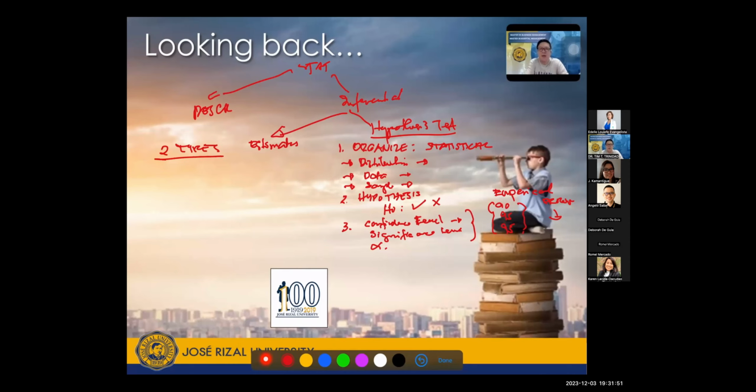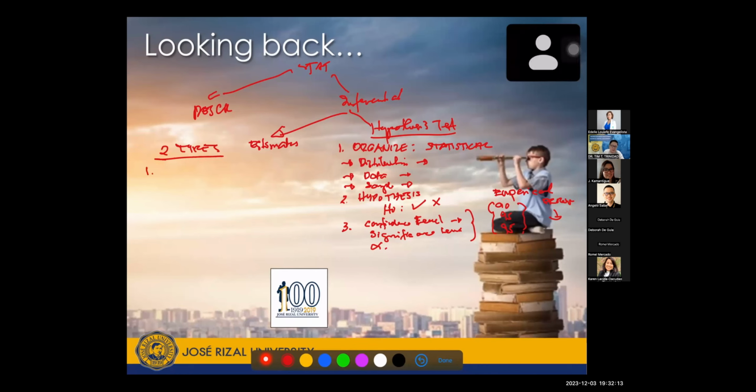These are errors that we should be ready and willing to commit when we do our research. What are the two types of error again? You still remember the two types of error that we possibly can commit in doing our papers?